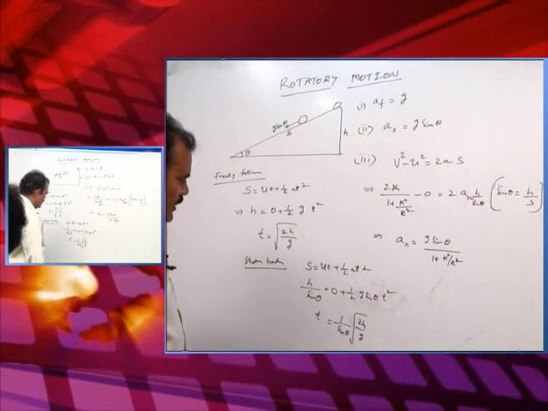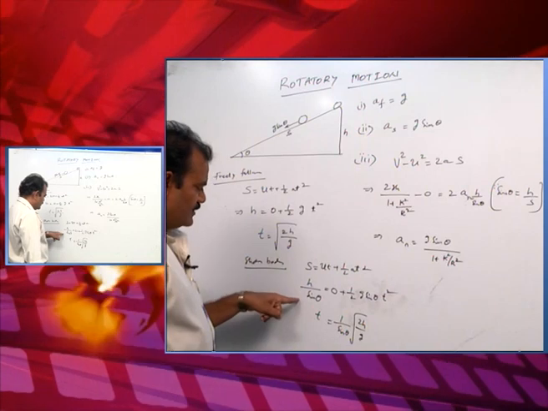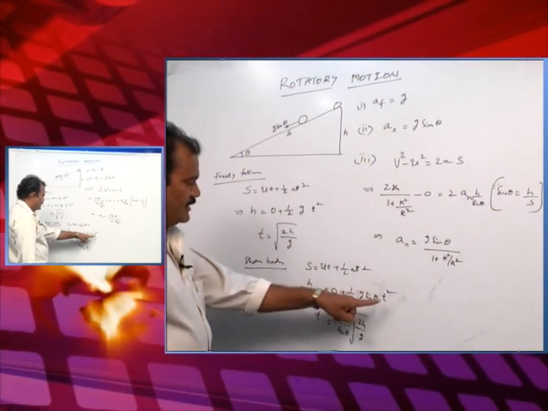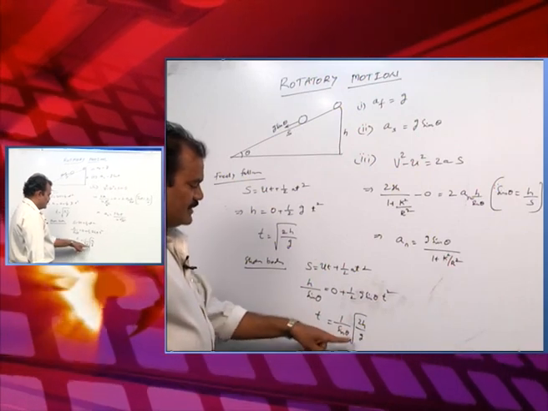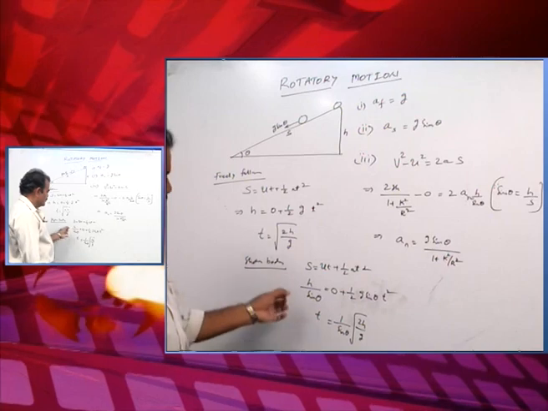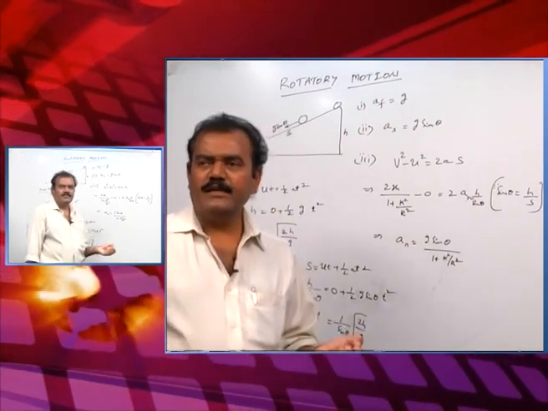So t square is equal to 2h by g sin square theta after cross multiplication, and t is equal to 1 by sin theta times the square root of 2h by g. So this is the time taken for the sliding body.